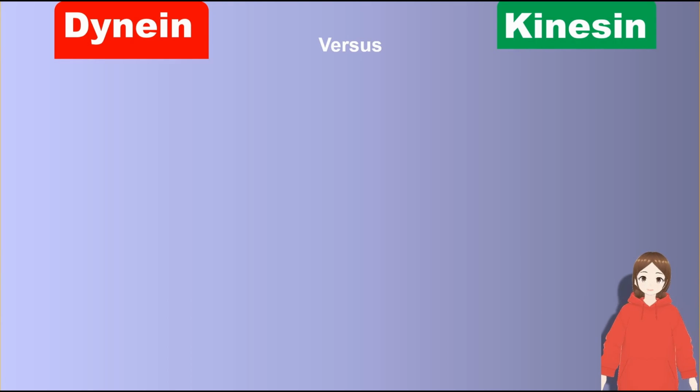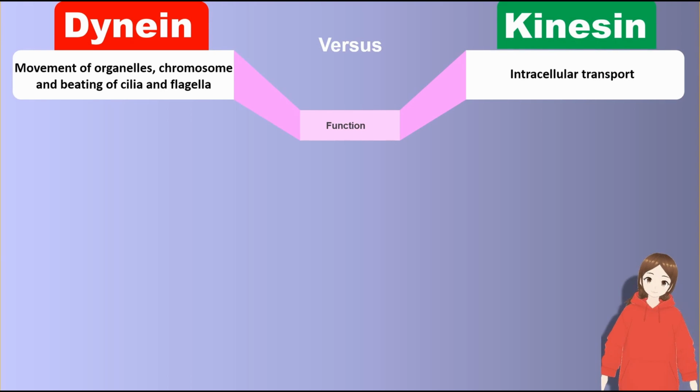Now I want to compare dynein with kinesin. Function. Dynein plays a role in movement of organelles, chromosomes, and beating of cilia and flagella, but kinesin plays a role in intracellular transport.